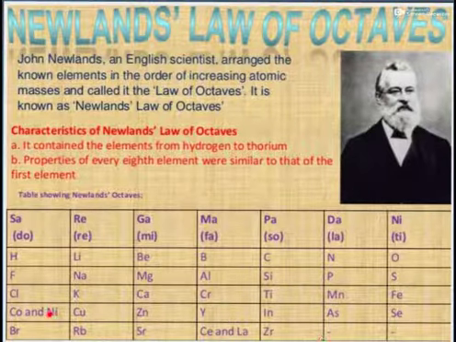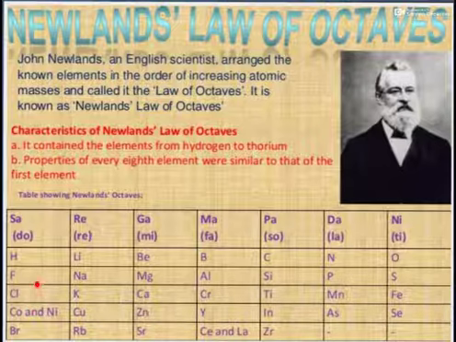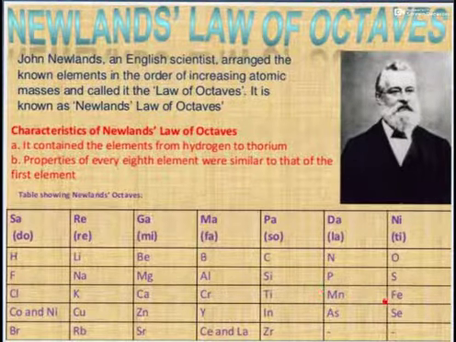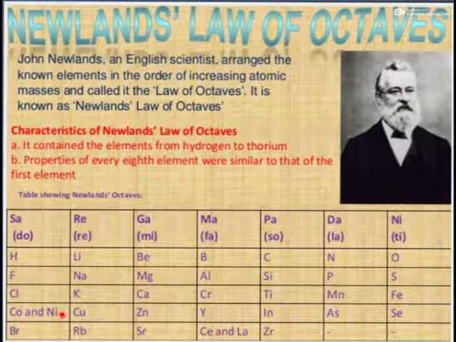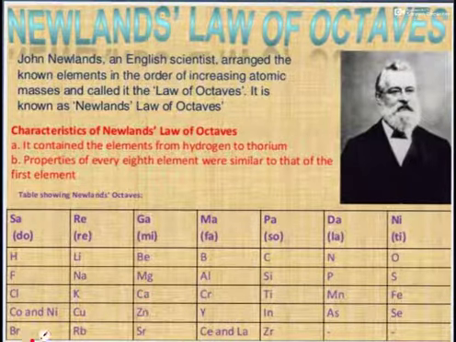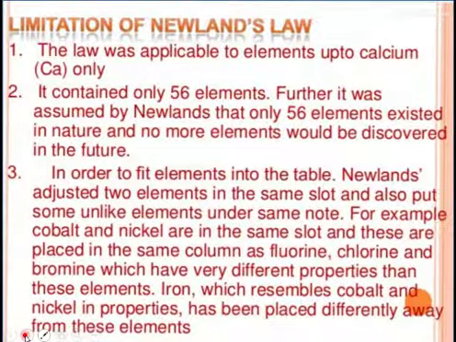So we can say the elements which do not have similar properties with the other members of that column are placed together, but the elements which have similar properties are very far from each other. So these are some drawbacks of Newlands' law of octaves.